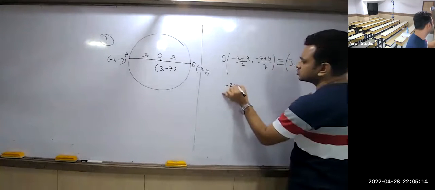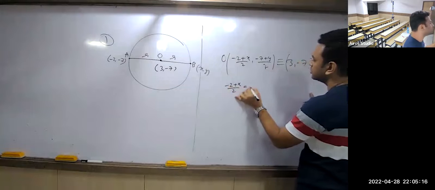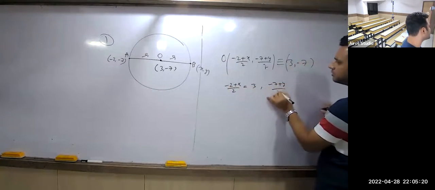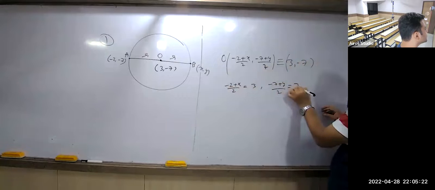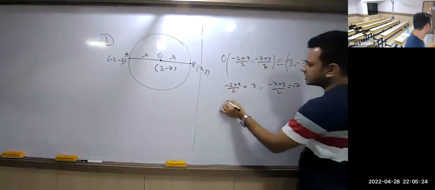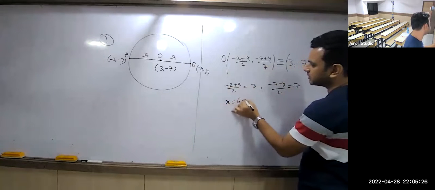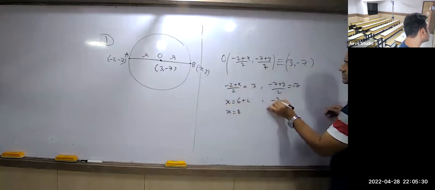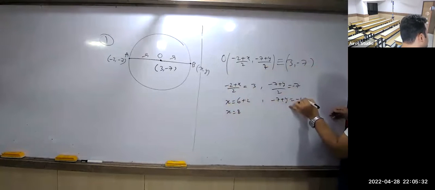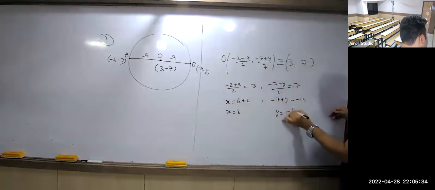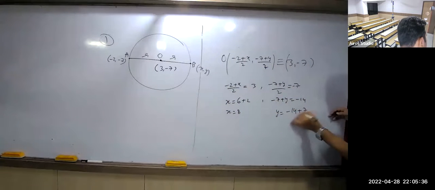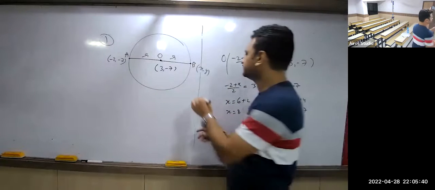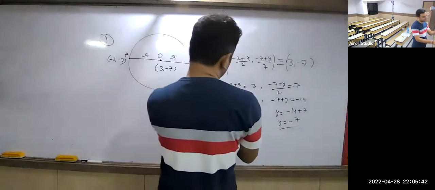So -2 plus x upon 2 should equal 3, and -7 plus y upon 2 should equal -7. I will get x value as 6 plus 2, that means 8. And -7 plus y equals -14, so y is -14 plus 7, so the y coordinate will be -7. So the point will be 3 comma -7.